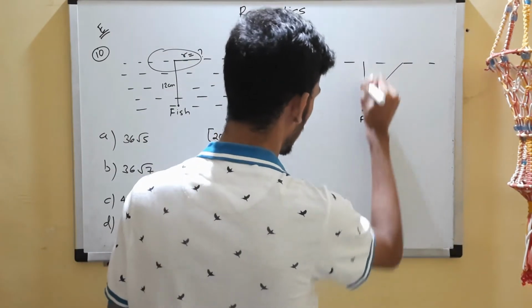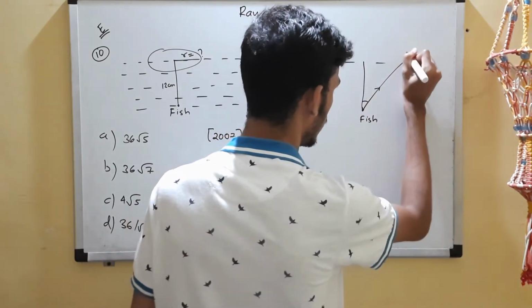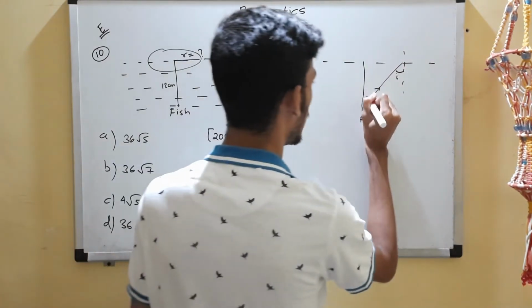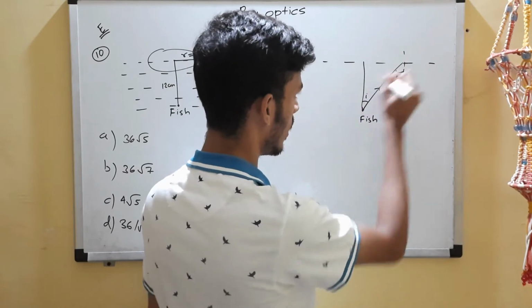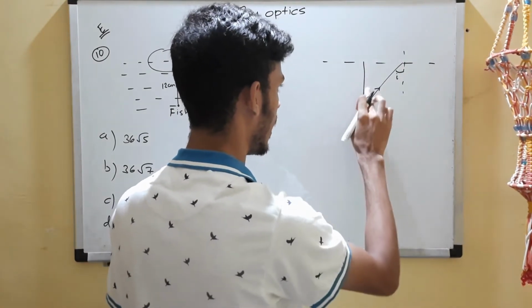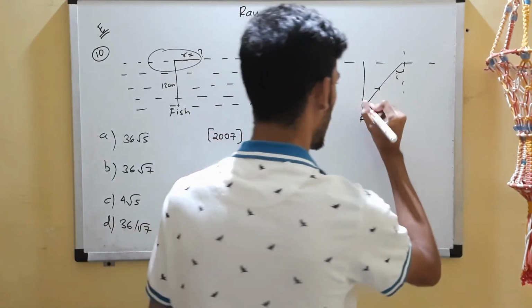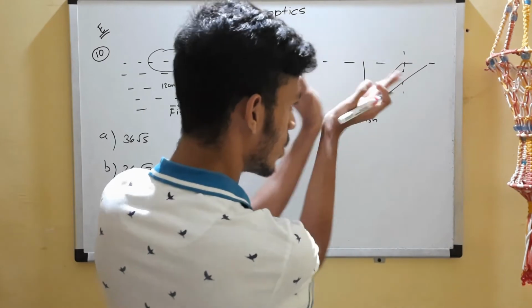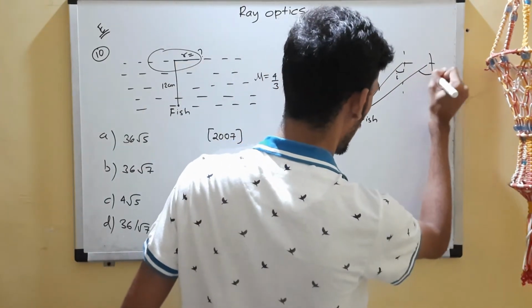Suppose this angle is I, the angle of incidence. This will also be I, because these are alternate angles between two parallel lines. So as this angle goes on increasing, the angle of incidence also increases.